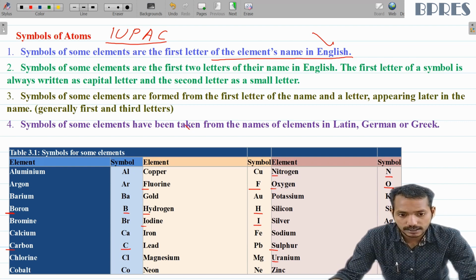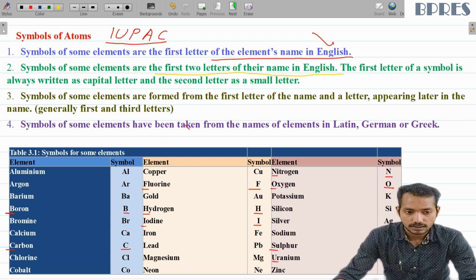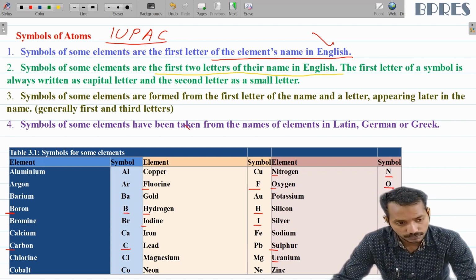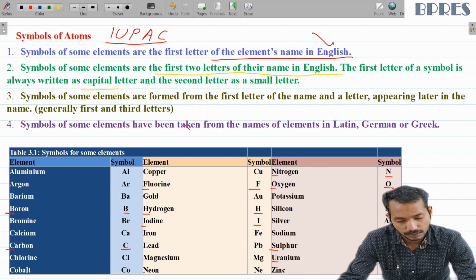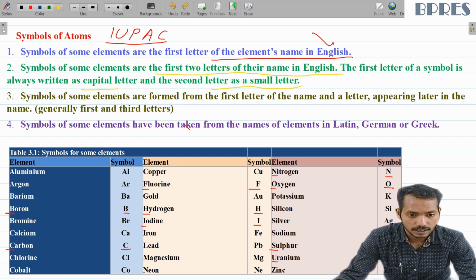The second category: symbols of some elements are the first two letters of their name in English. The first letter should be capital as in the first case, and the second letter should be a small letter.